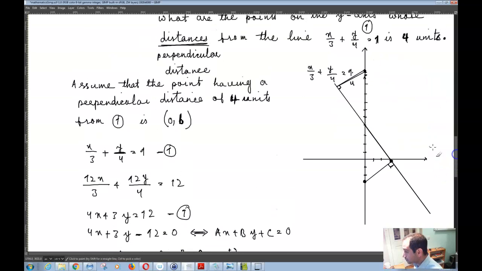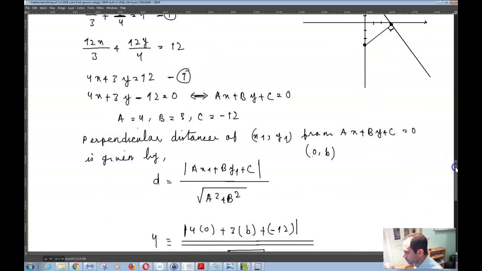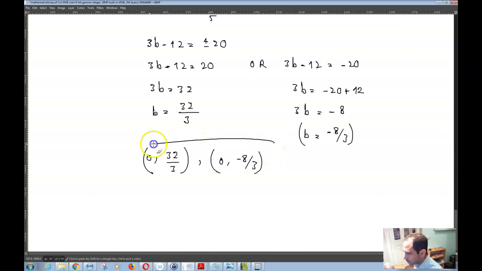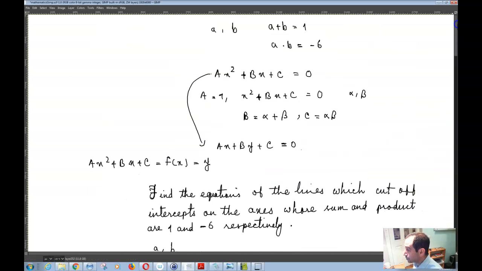So these are the 2 points that we can have whose perpendicular distances from that line are exactly 4 units. So that is that.